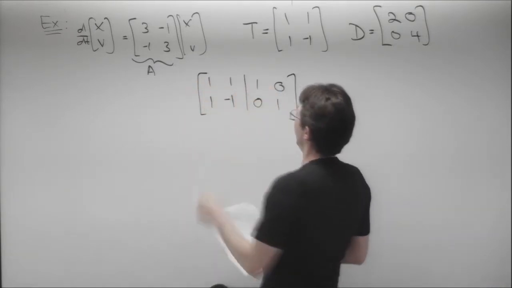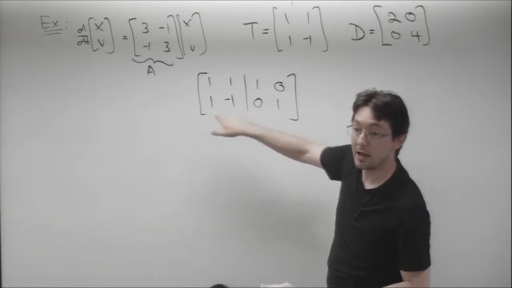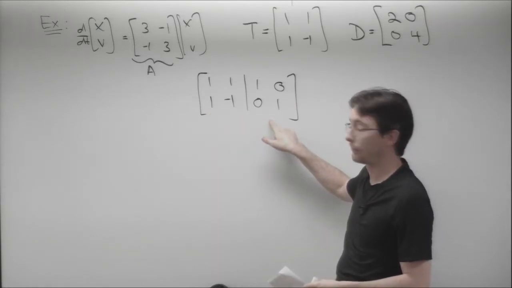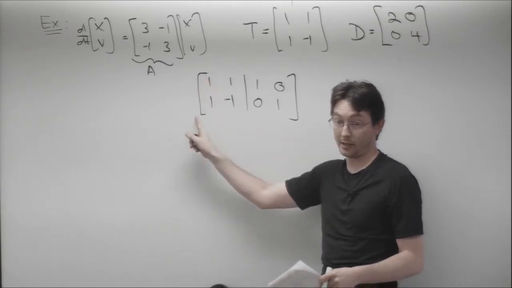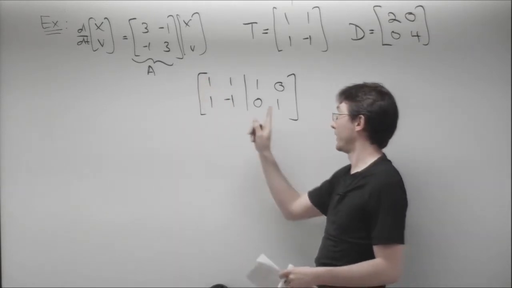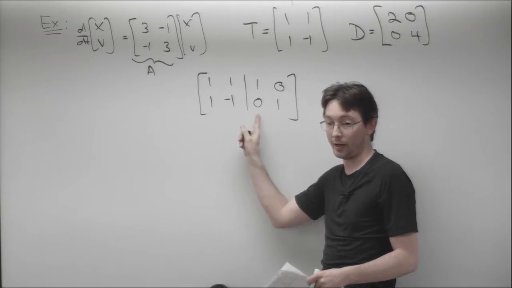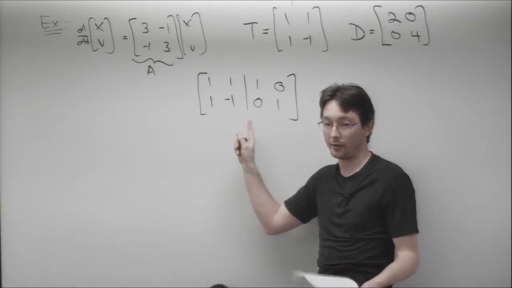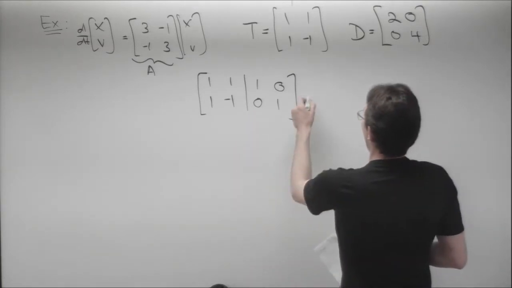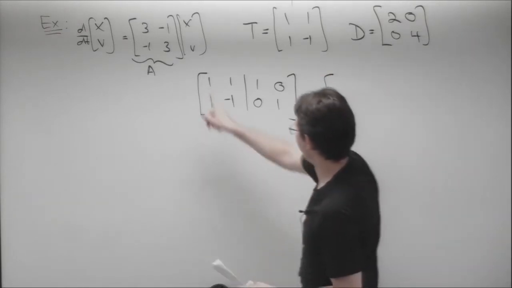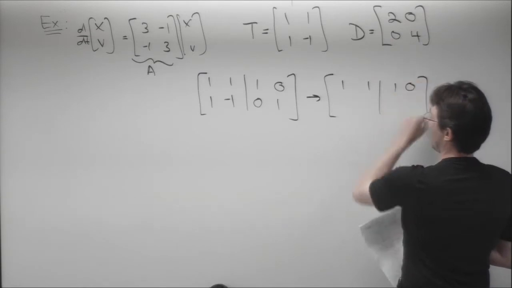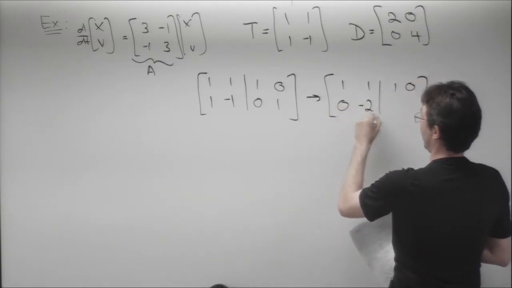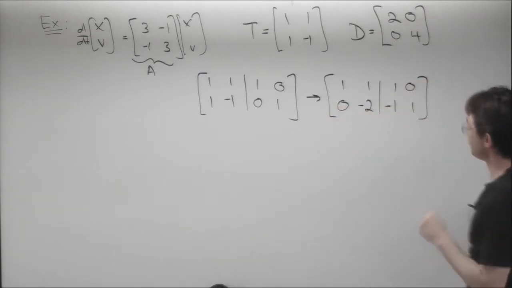So to do it by hand, we write that matrix T next to the identity matrix. And then I'm going to row reduce the matrix on the left until it looks like the identity. And I'm going to do all of the same things to this matrix on the right. And whatever I get over here is T inverse. Okay? So I'm going to subtract the first row from the second and get 0, minus 2, minus 1, 1.